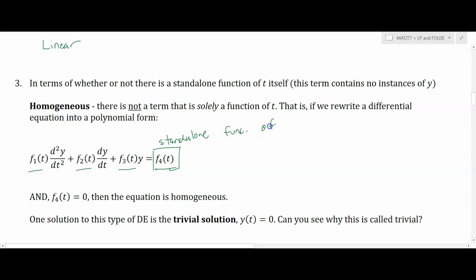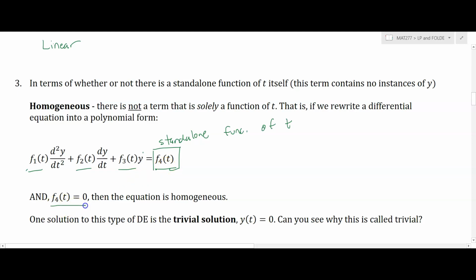And all we mean by that is that all of these other functions of t are attached as coefficients to a function involving y: the second derivative of y, first derivative of y, y to the first power. So anything that's left over, if you move all the terms involving y to the left, which is an easy way to do this, and the only thing you leave on the right-hand side is anything that doesn't involve y, if that standalone piece is not 0, then it's considered non-homogeneous.